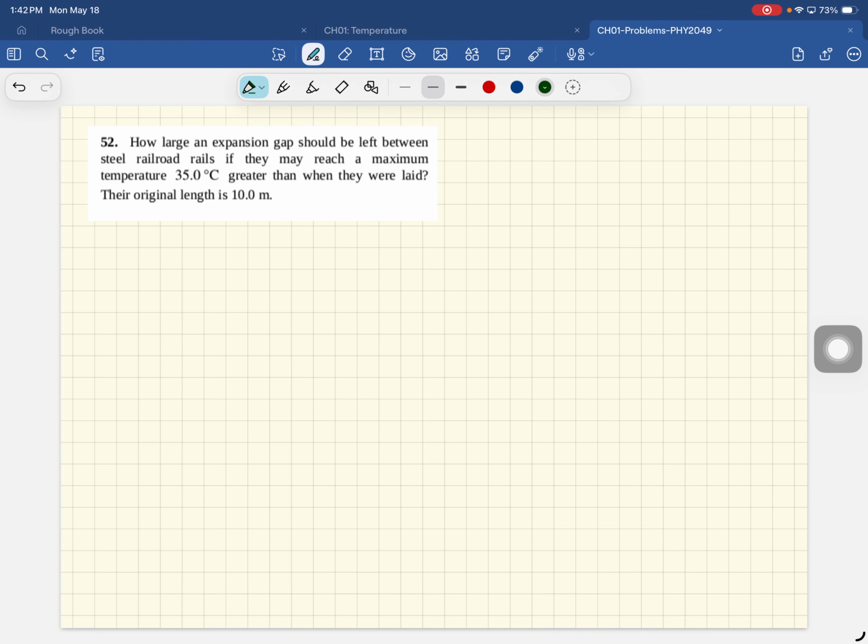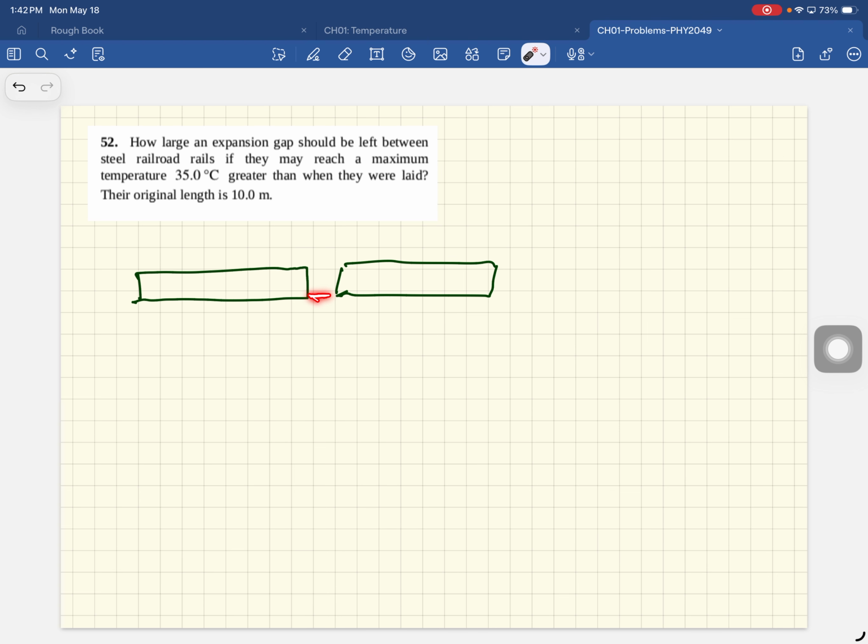So the expansion is not that big an effect. It's the water flowing in that's the big effect. If you go to Matanzas Inlet near St. Augustine, during the ice ages, the water level was different.